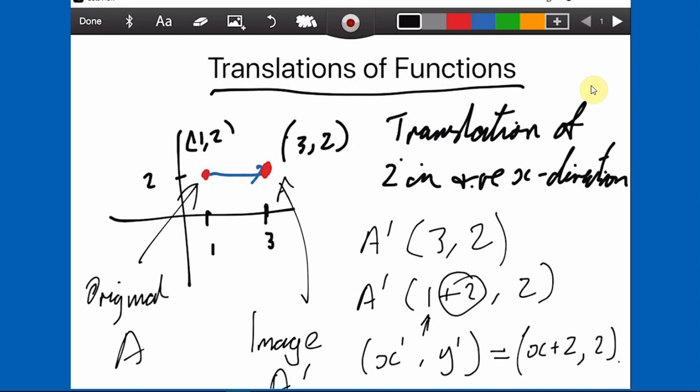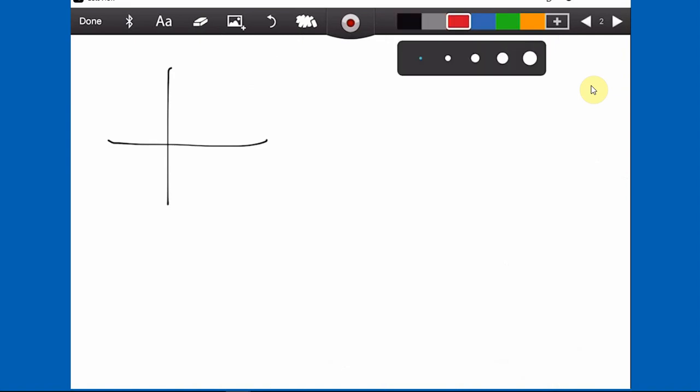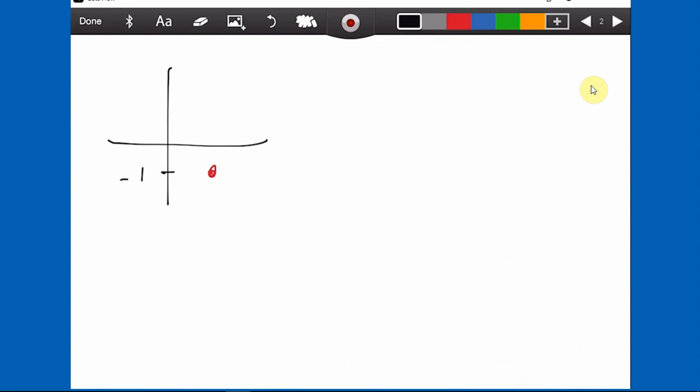Now, the next bit would be, say, if we had a point. Let's take our point there. Let's say that's -1 and that's 2. So we've got a point at -1 and 2, and this is our original point.